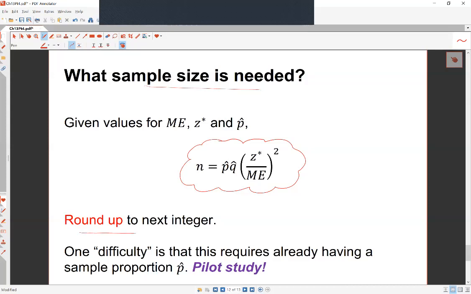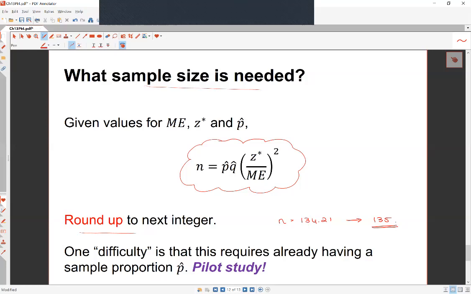Well, you're going to round that up to the next integer. So, for example, if you find that n is equal to 134.21, you will round that up to the next integer, and that will tell you what sample size you need in a specific setting.